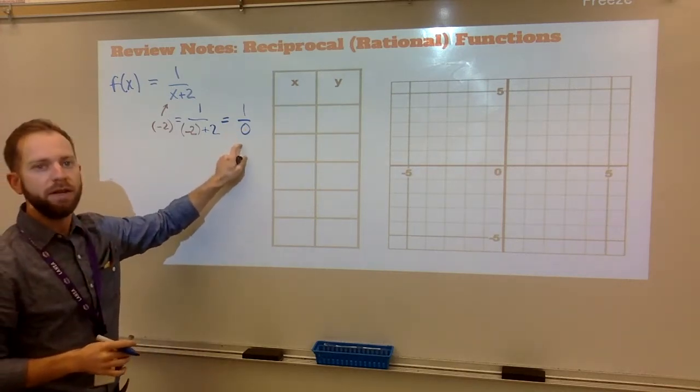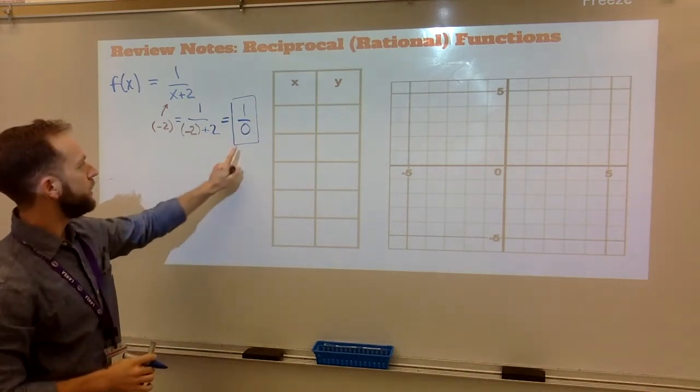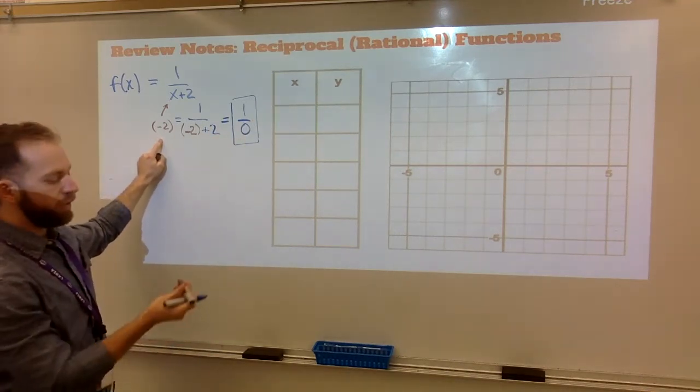You can't have anything divided by 0, so this creates what we call an asymptote. So there's an asymptote where x equals negative 2.